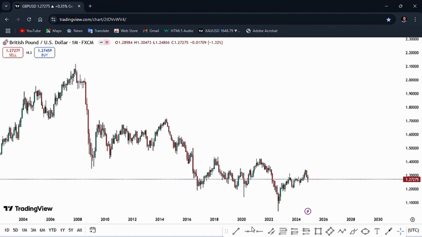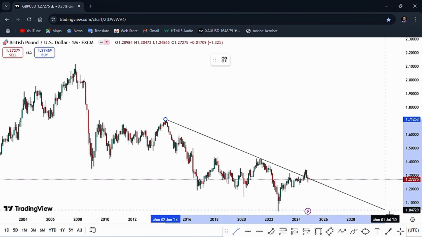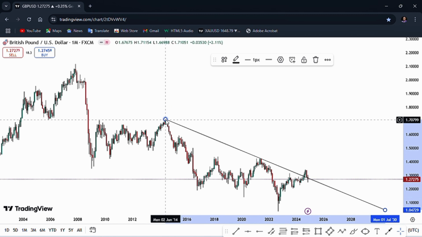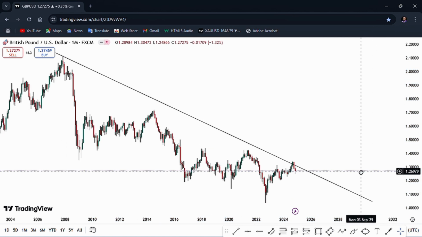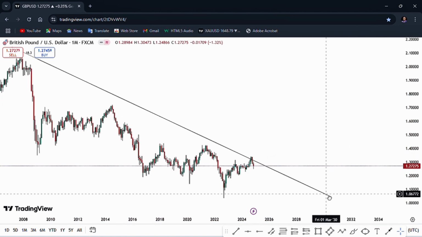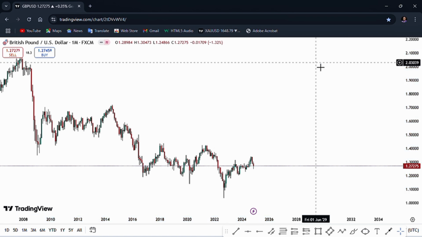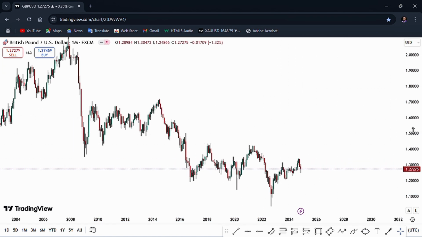Because if I draw my trend line, you can see that price broke this trend line. Even if I draw my trend line at this zone right here on the monthly time frame, price still broke that trend line. So I was skeptical, but for the past 2-3 months now, price has been funny.